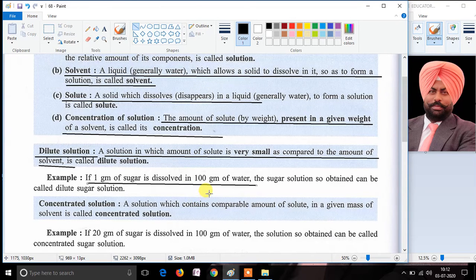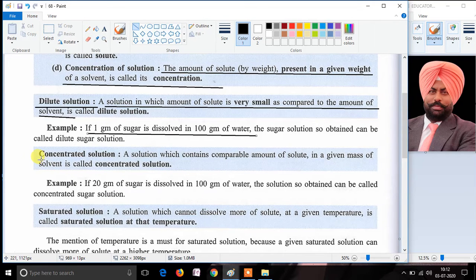Hence, we can say such sort of solution is a dilute solution. The second type is a concentrated solution. The solution in which the amount of solute is comparatively in large quantity as of solvent. Example, if we dissolve 20 grams of sugar in 100 grams of water, we can say that the concentration is high, means it's a concentrated solution.